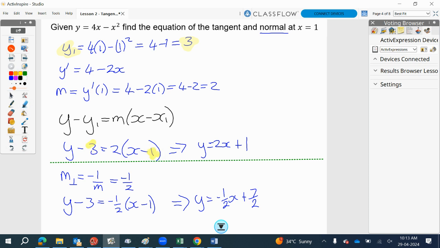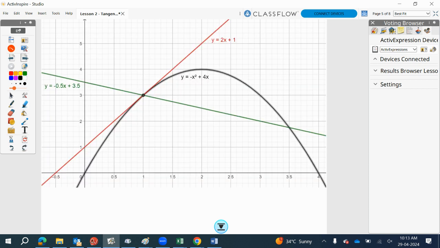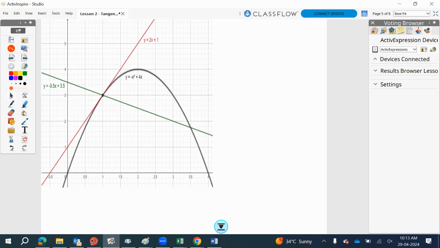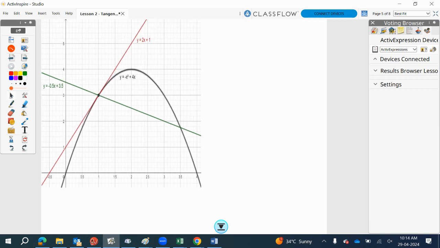The gradient is 2. And this is how the perpendicular looks. It doesn't quite look perpendicular, but that's due to the aspect ratio. Now it looks perpendicular.